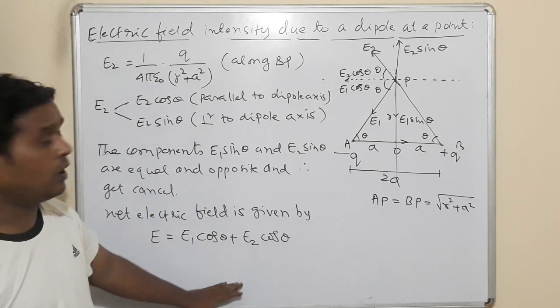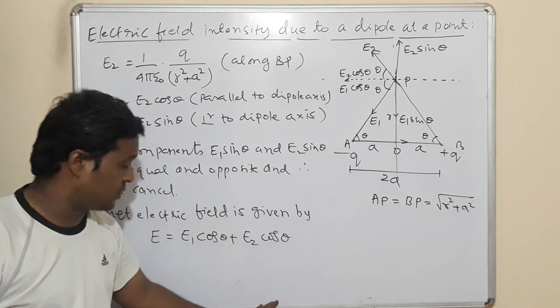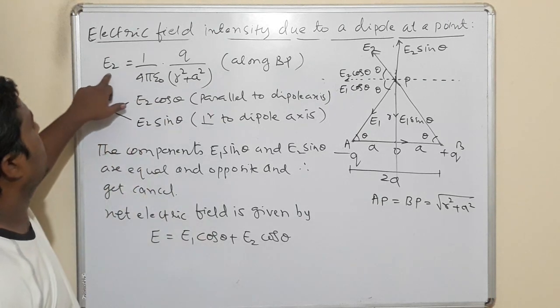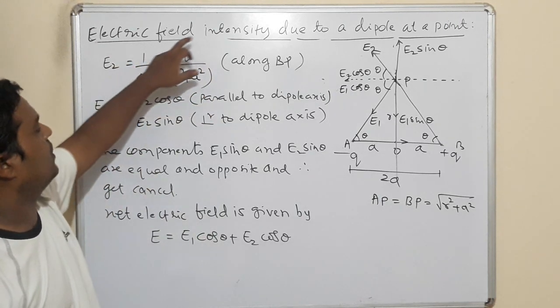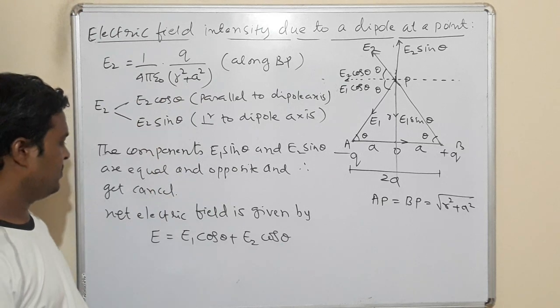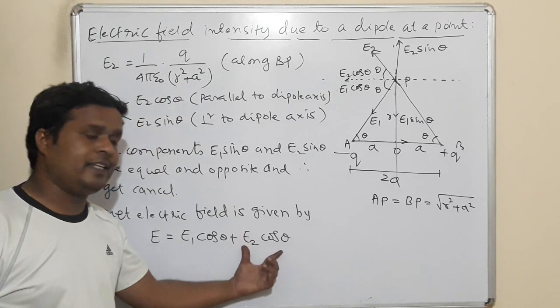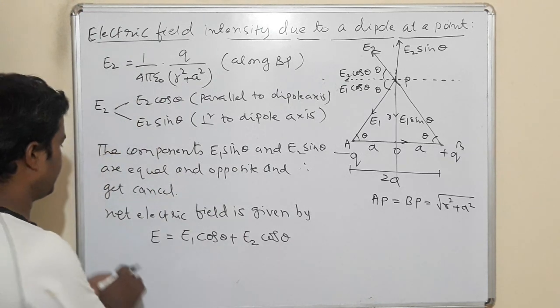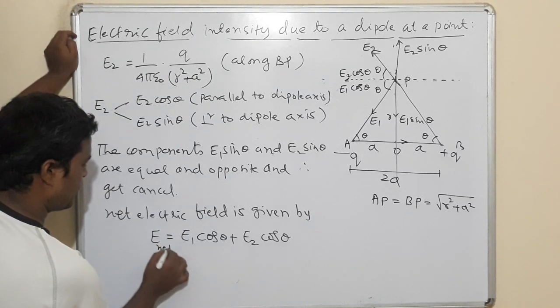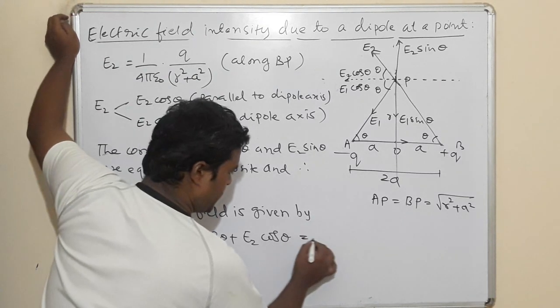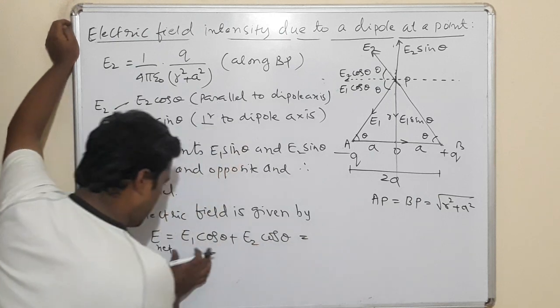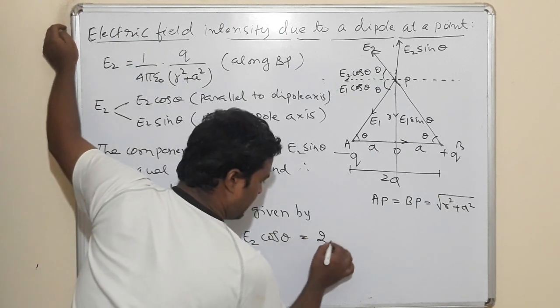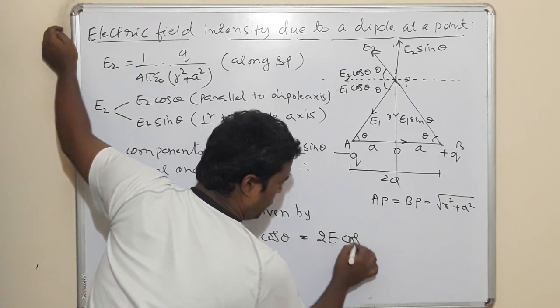E1 is equal to 1 by 4 pi epsilon naught q by r square plus a square. E2 is also equal to 1 by 4 pi epsilon naught q by r square plus a square. Then this will be E cos theta plus E cos theta. This is E net. Since these two are equal, E cos theta plus E cos theta will be 2E cos theta.